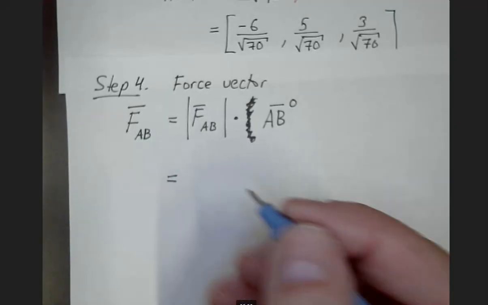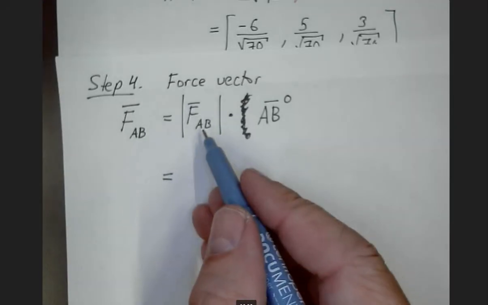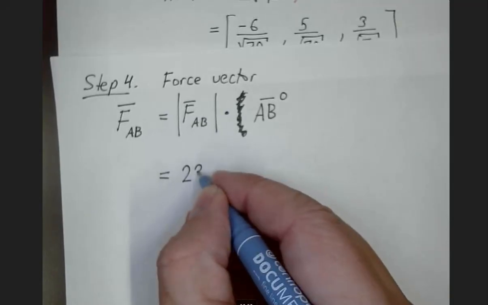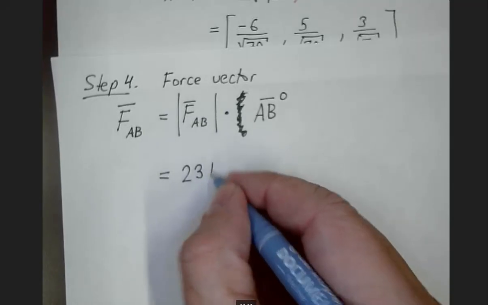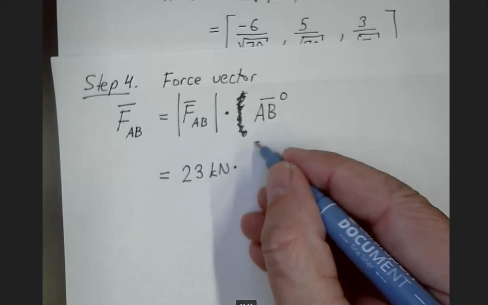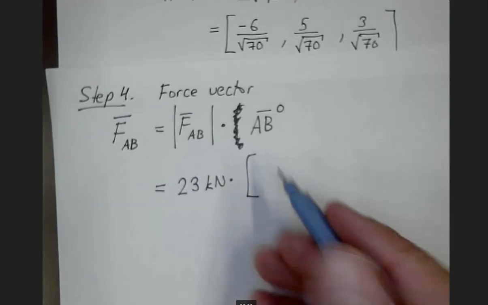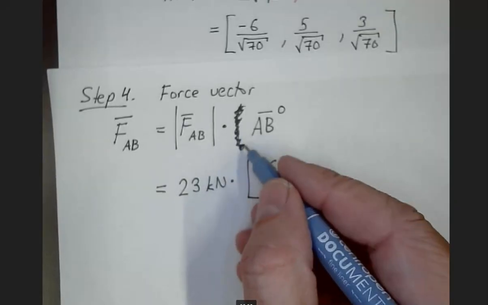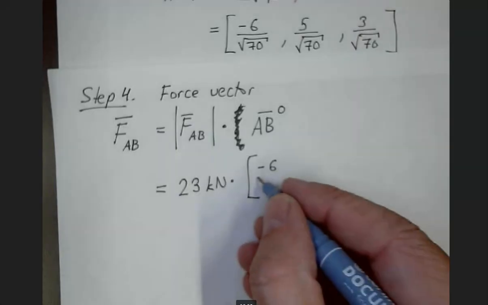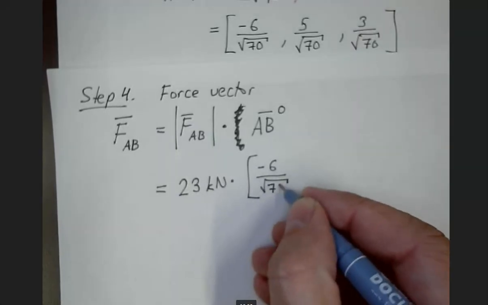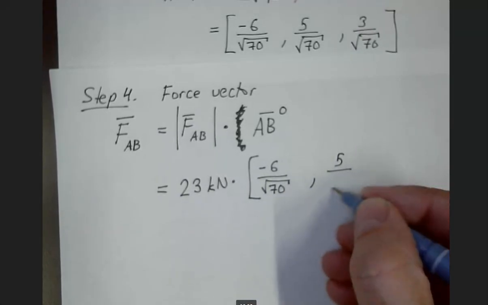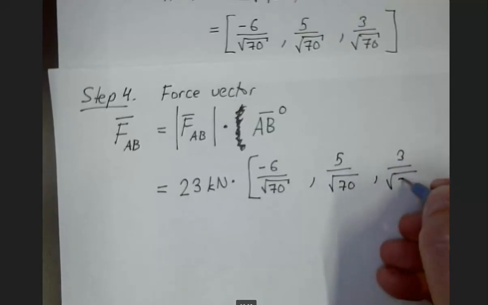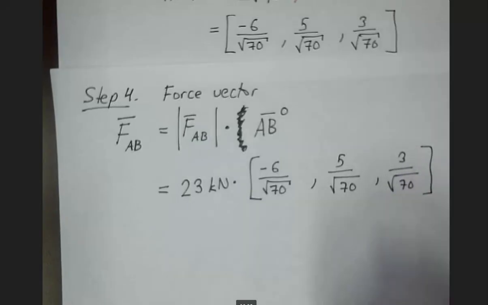So right now the magnitude of this force AB was 23 kilonewtons, and then we have this unit vector, and now I use this bracket form as I was already trying to do there, a little bit too early. So this will be the force vector.